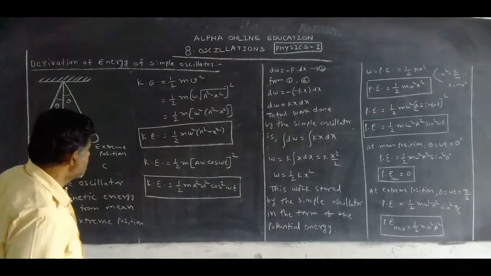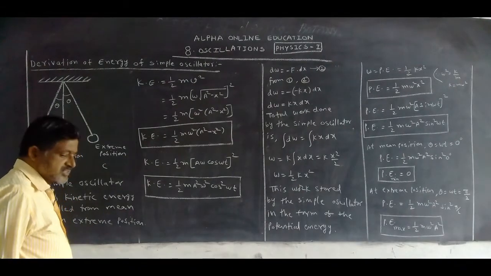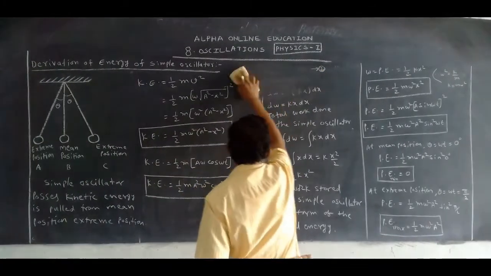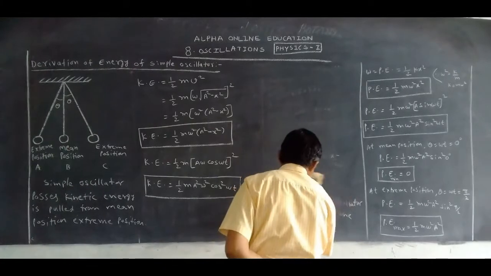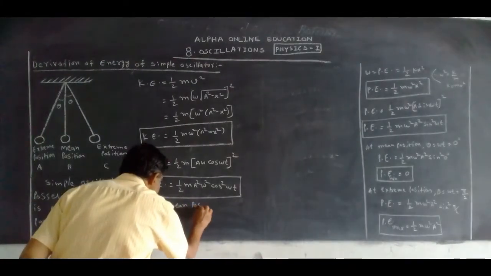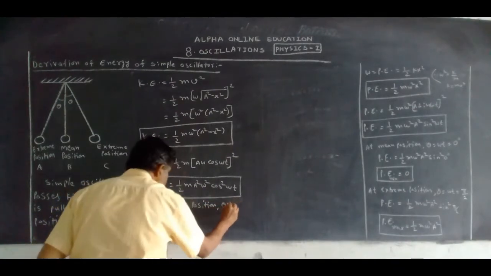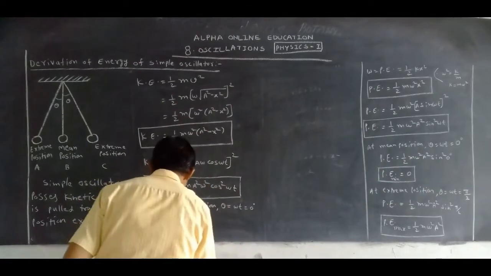This is the equation for the kinetic energy of the simple oscillator. Again here we take the conditions. Now what are they? At mean position, theta is equal to omega t is equal to 0 degrees.